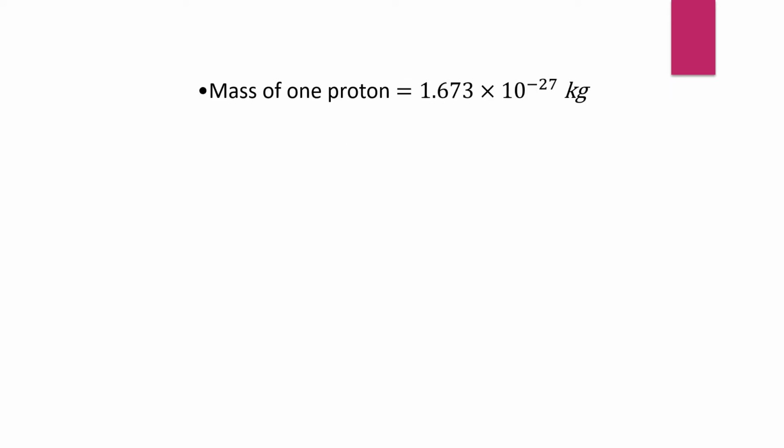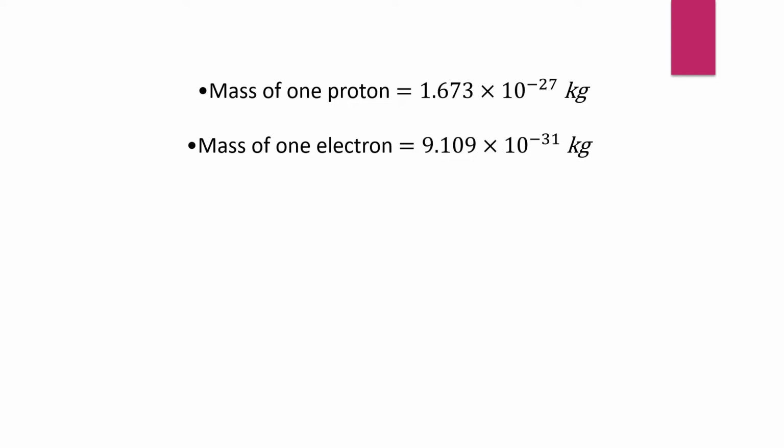Mass of one proton is equal to 1.673 into 10 power minus 27 kgs. Mass of one electron is 9.109 into 10 power minus 31 kg. Notice the mass of electron is very smaller than the mass of proton.